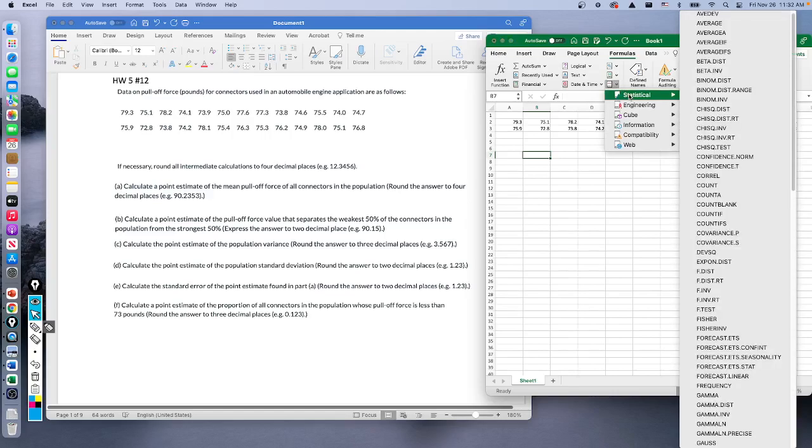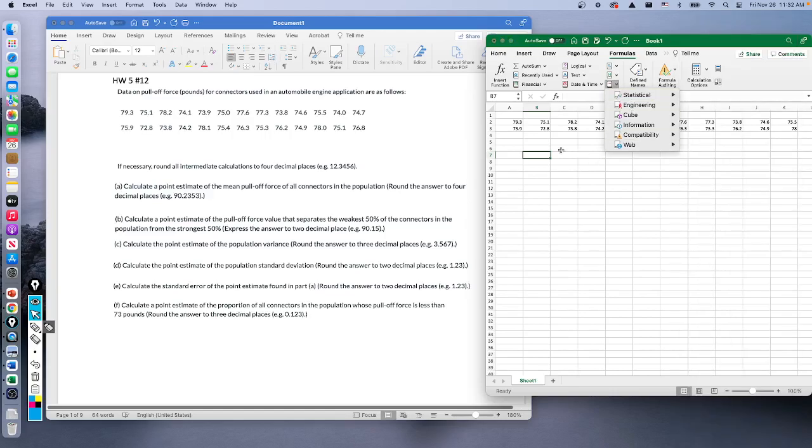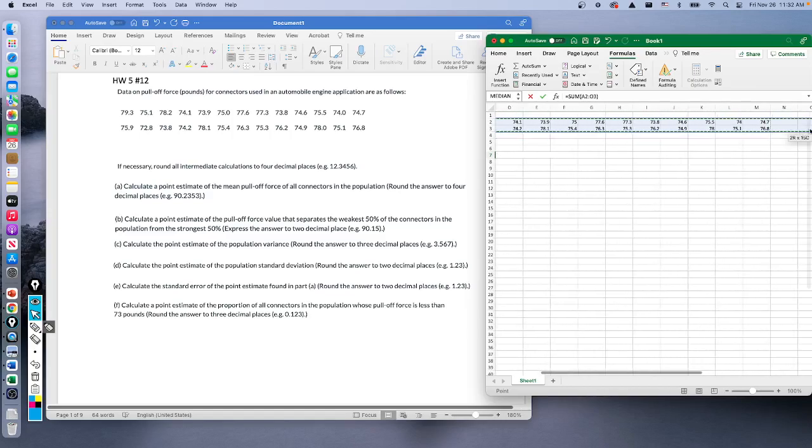Just to be sure, we'll do an auto sum and add all these together. So I'll select them all, hit enter. That's the total sum of them all. And then to find the average, I just have to divide by however many there are.